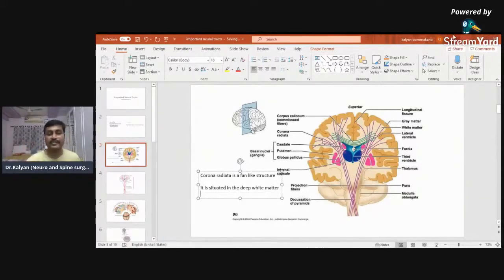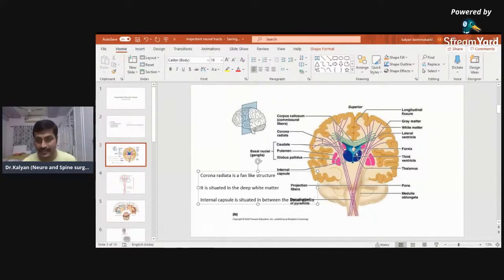The other thing you have to remember is that the internal capsule is situated in between the basal ganglia. So am I clear until here?